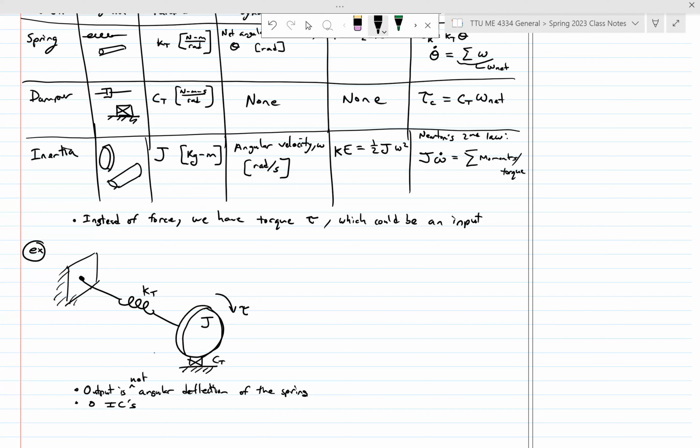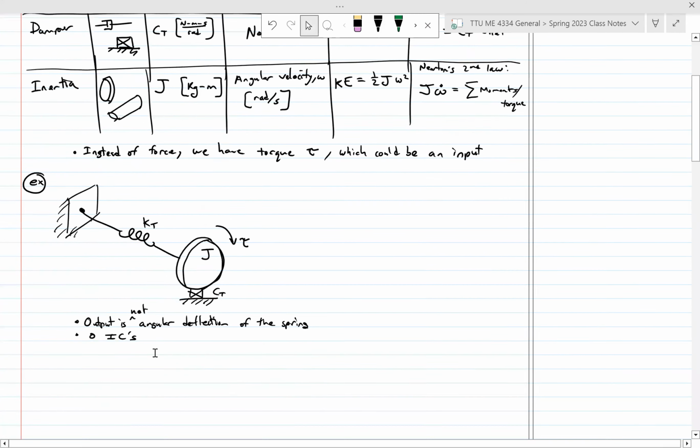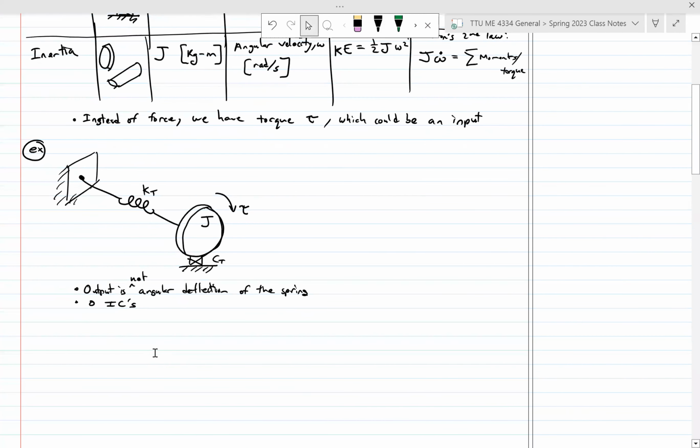All right, this is the system that we're working with here. So how do we get a transfer function from our input to our output? This is an external torque that's acting on our system, right? It's driving our motor to turn. So how do you guys want to approach getting a transfer function for this?